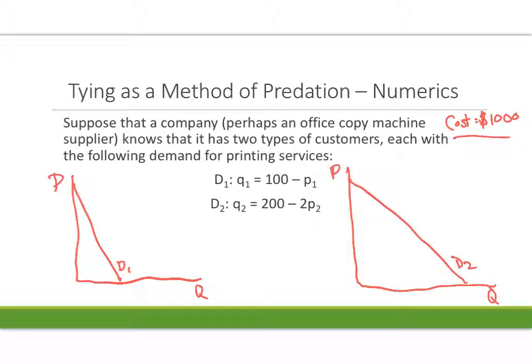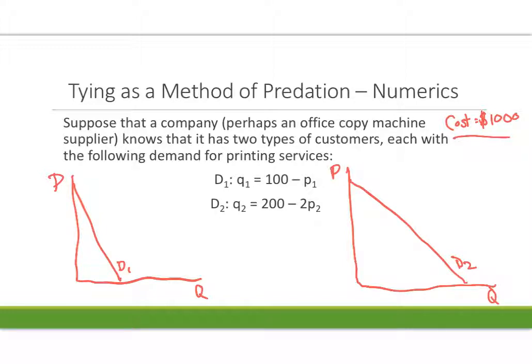This is D2. When we were talking about price discrimination, we said that what the firm's trying to do when they price discriminate is capture consumer surplus from the consumer. Well, if we make an assumption, and our assumption is that outside of the cost of the copy machine, there's minimal to no costs that the business encounters for their copying services.